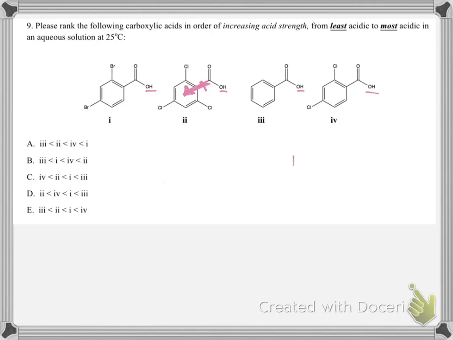And so this would be the strongest of these acids. Whereas in answer choice 3, there's no halogens attached. We just have hydrogens around that ring. And so it's going to be the weakest option.